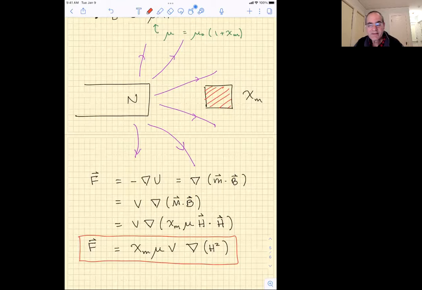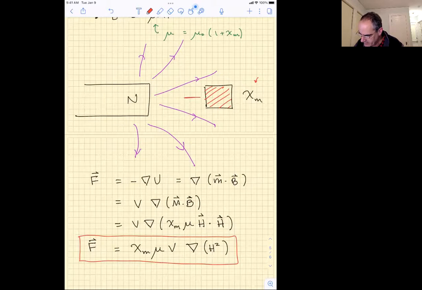There's our result. So here's the idea. Suppose that we have a material with susceptibility chi m. And let's suppose chi m is a positive number. Then the force on the material will point in the direction of the gradient of the magnitude of the field squared. That means that the force will point towards the high field direction. It'll point towards the region where the magnetic fields are stronger.